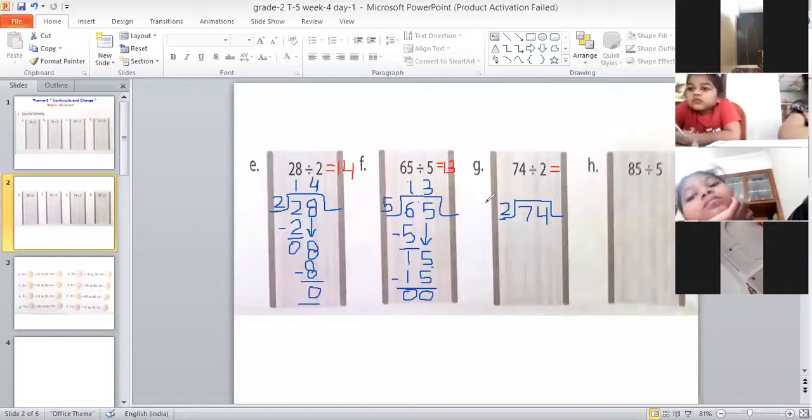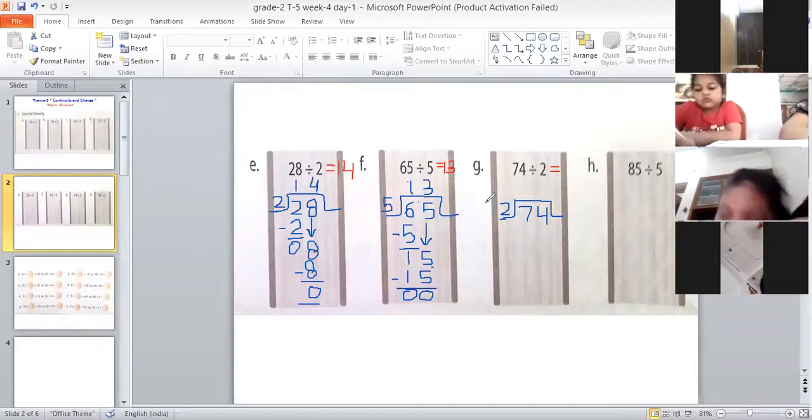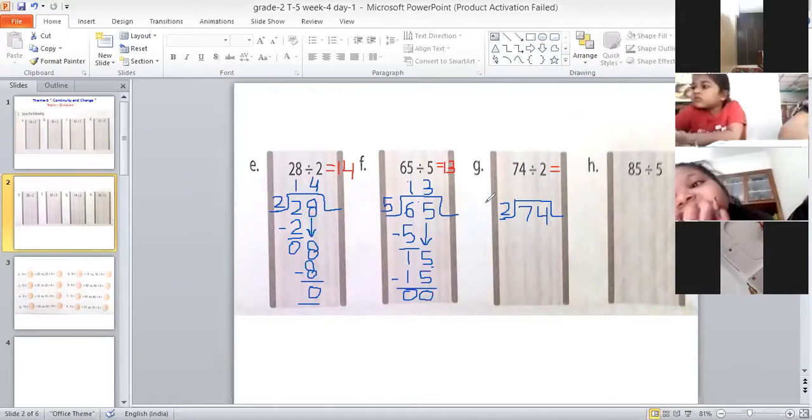Okay, Shrivas? Now tell me in 2 table which number is smaller than 7 and nearest to 7. Recall 2 table.